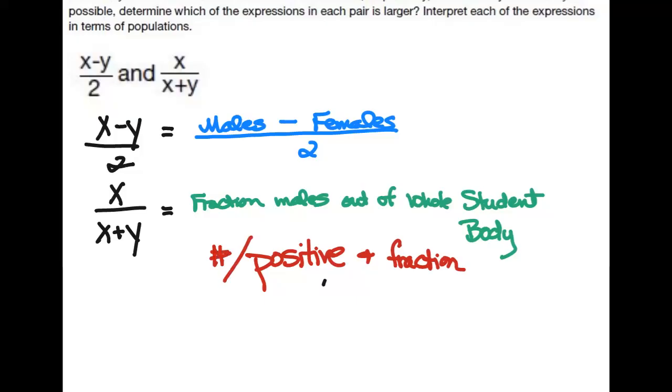What about the first expression? Males minus females divided by 2. Negative? How did you get a negative number? Because males are less than females? Yeah. So if you subtract a male and a female, it will be negative. A negative value divided by 2.